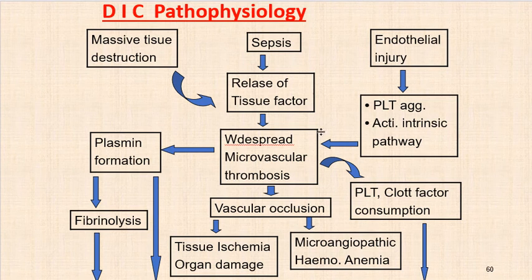And on the right side, whenever there is extensive endothelial injury, it will lead to platelet adhesion, platelet aggregation, and activation of the intrinsic pathway, and it will also lead to widespread microvascular thrombosis.